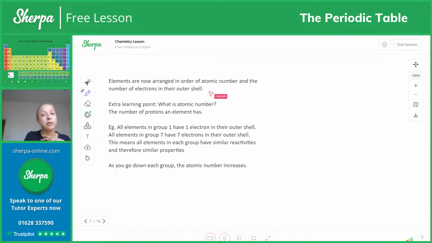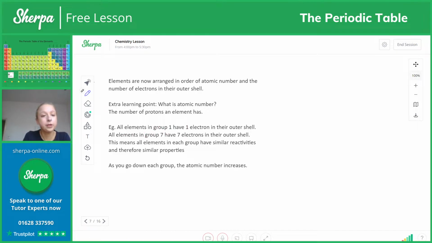So elements are now arranged in order of their atomic number. So rather than their atomic weight, their atomic number and the number of electrons in their outer shell. So atomic number is the number of protons an element has. So if you remember that diagram I just drew, in the middle, you've got the nucleus, you've got protons and neutrons. Atomic number is the number of protons that are in that nucleus. And it is the same as the number of electrons which are in the outer shells.